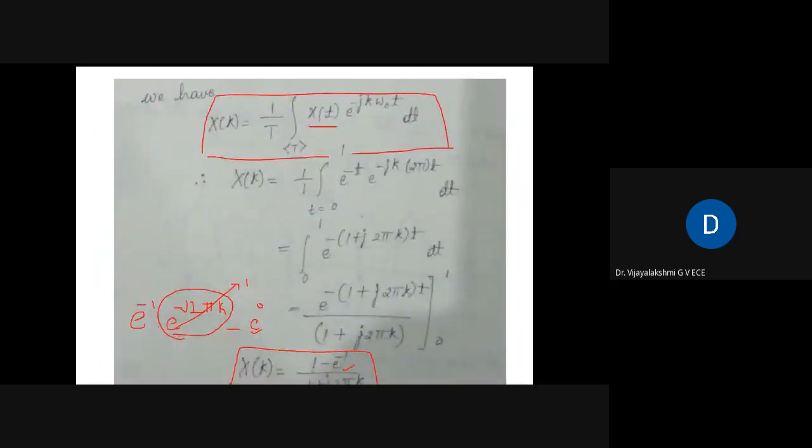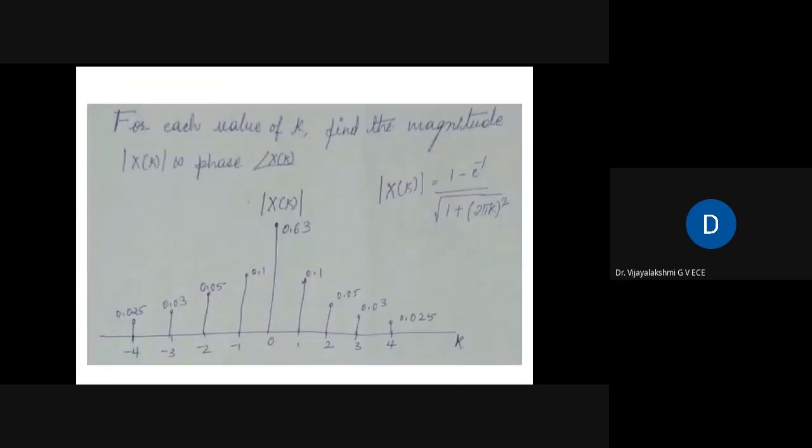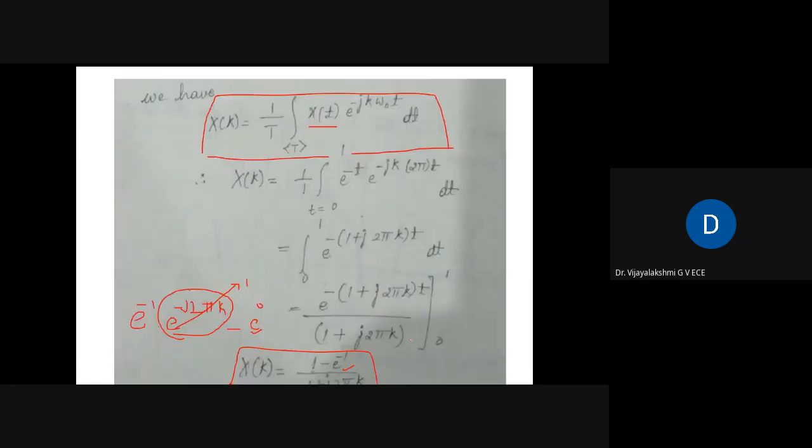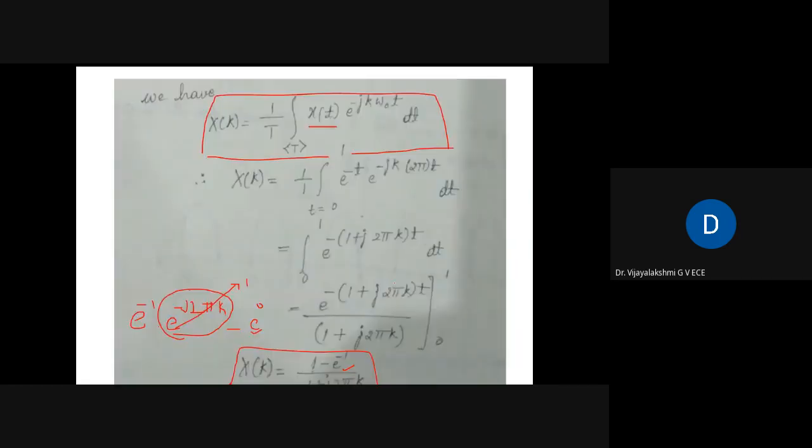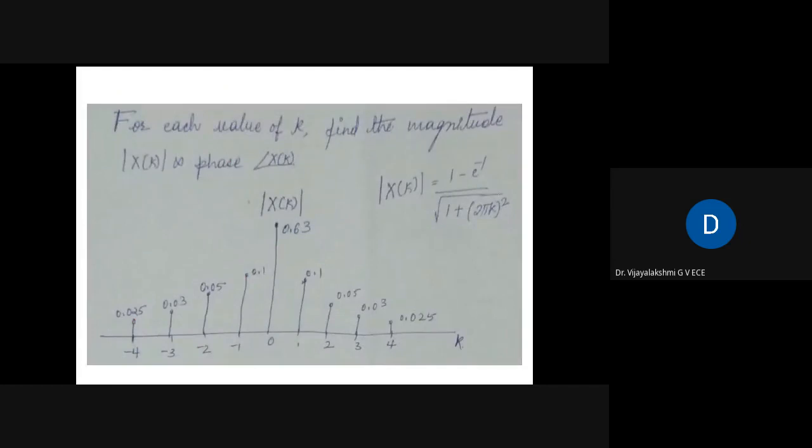So what was x of k? 1 minus e power minus 1 divided by 1 plus j 2 pi k. So in the denominator, we had the complex term, right? So this is root of 1 square plus 2 pi k whole square, and in the numerator, I have 1 minus e power minus 1.